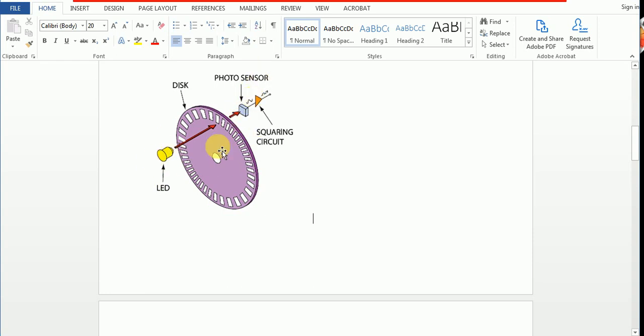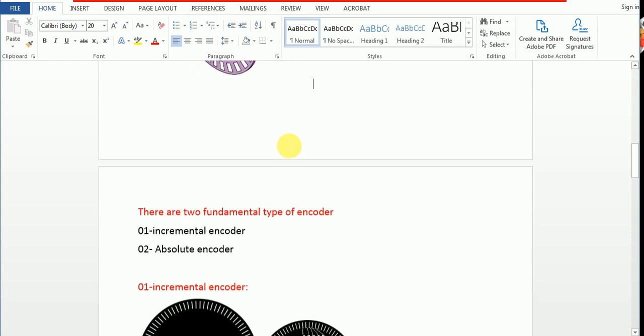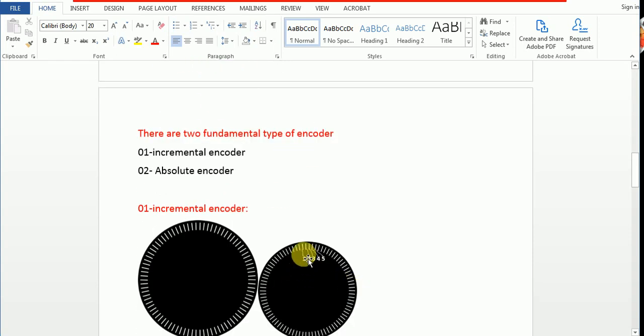Every slot will give one output signal, and the counter in the PLC will count the pulses. For example, this slot gives value 1, the next slot gives 2, and the counter will count 2, 3, 4, 5 and 6.